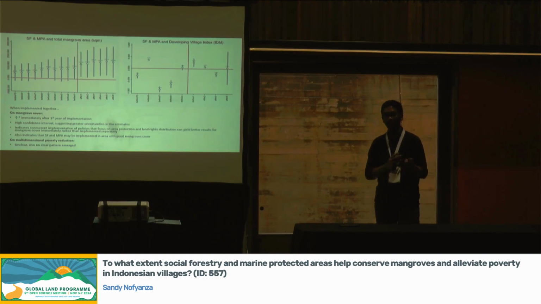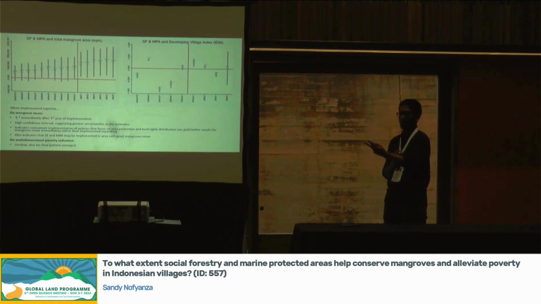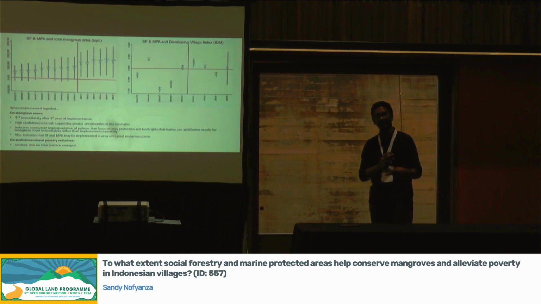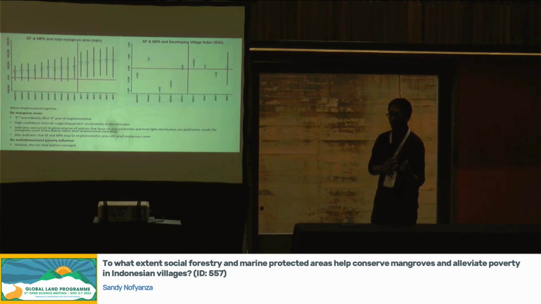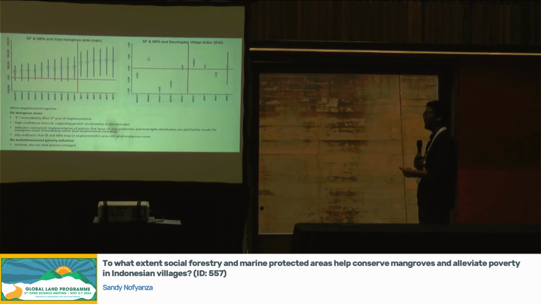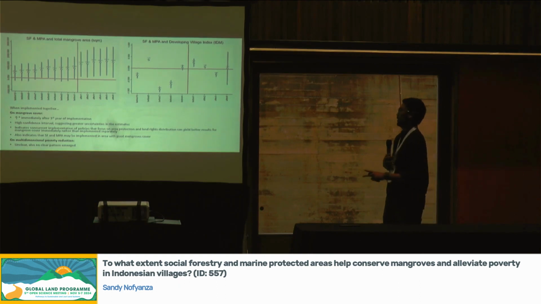They are significant after the first year of implementation in terms of mangrove forest cover gain, but I'm not entirely convinced of this result at this point because of the high confidence interval.